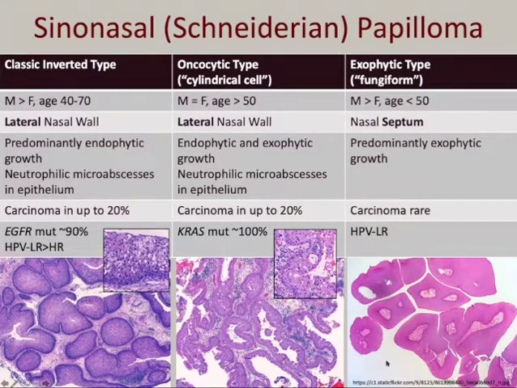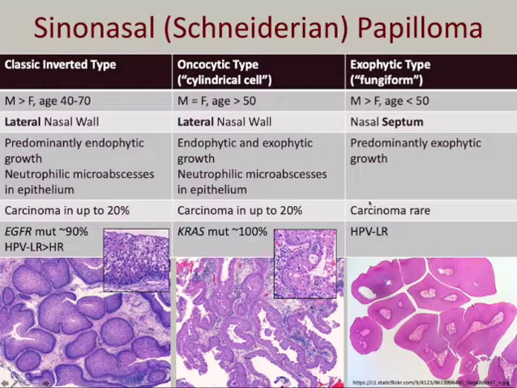The inverted and oncocytic types occur on the lateral nasal walls, usually of adult males. They can have both endophytic and exophytic growth, characterized by these characteristic neutrophilic microabscesses in the epithelium. Carcinoma can develop in, it's thought, up to 20% of cases. The classic type and the oncocytic type tend to have KRAS mutation.